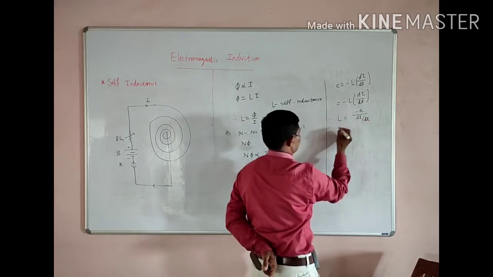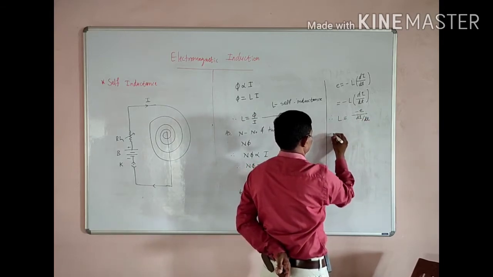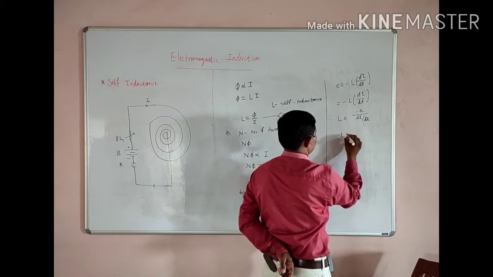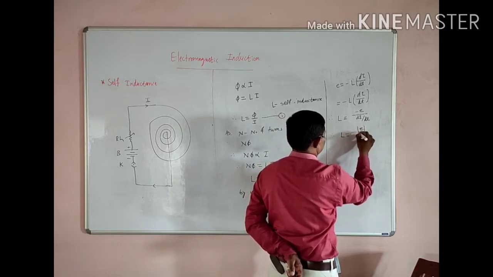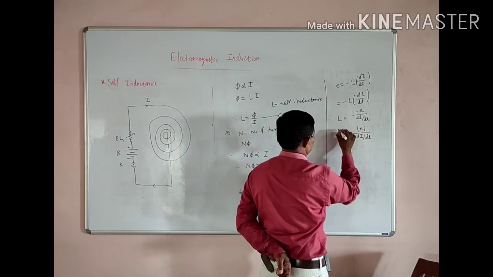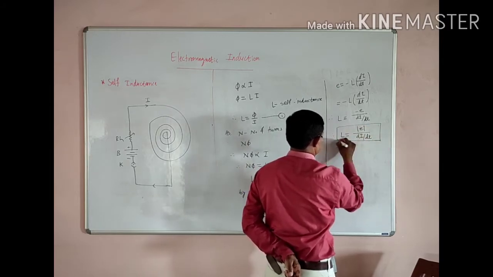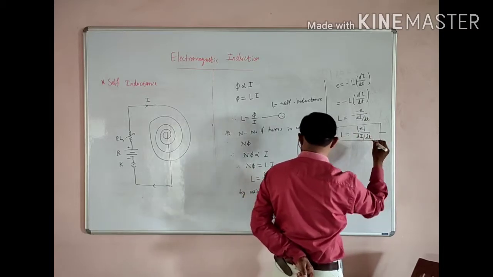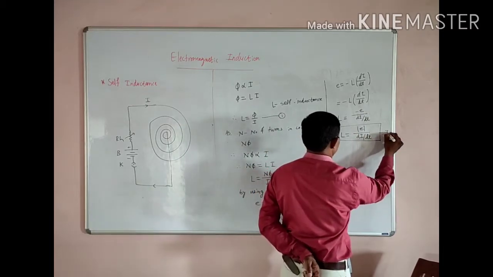If you take the magnitude or coefficient of self-inductance, L is equal to mod of E divided by di by dt. If you take only magnitude, then this equation, it will arrive here. Suppose this is equation 3.